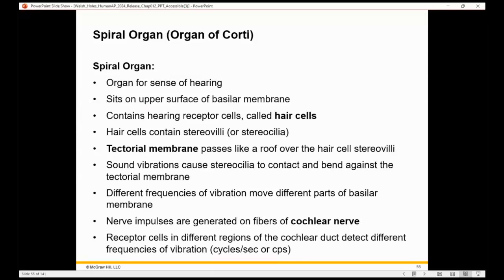A tectorial membrane passes like a roof over the hair cells, and sound vibrations cause the stereocilia to bend against the tectorial membrane. Different frequencies of vibrations move different parts of the basilar membrane. The nerve impulses are generated on the fibers of the cochlear nerve, and the receptor cells in different regions of the cochlear duct detect different frequencies of vibration.